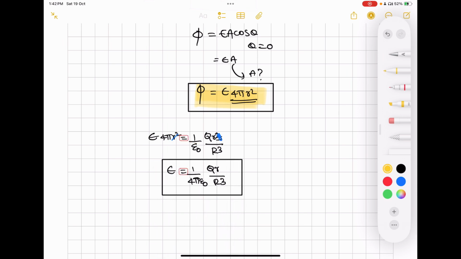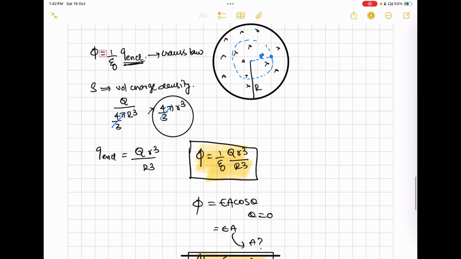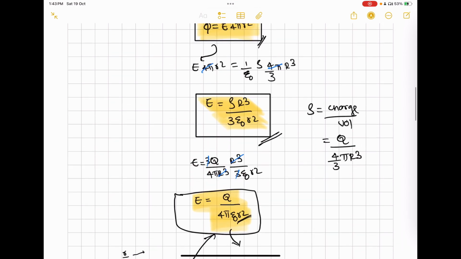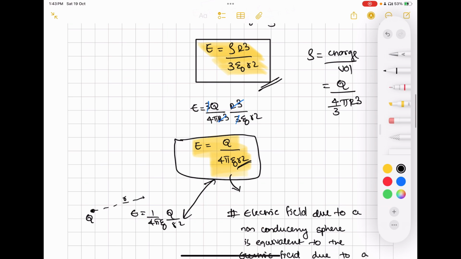So we will get electric field as E is equal to 1 by 4 pi epsilon 0 Q small r by capital R cube, and in terms of rho, if we substitute for Q, we have Q is equal to rho into 4 by 3 pi R cube.